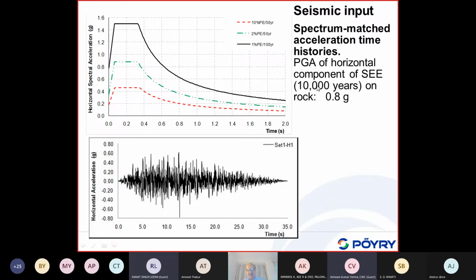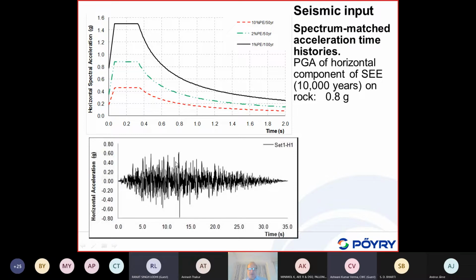We didn't have a return period of 10,000 years, but we have return periods of 145, 475, and 2,500. So we could extrapolate to 10,000 years. Also, it was not possible, so we estimated about 0.8 g. It is not too far from the North Anatolian Fault, which is a major fault line in Turkey, similar to the San Andreas fault in California.